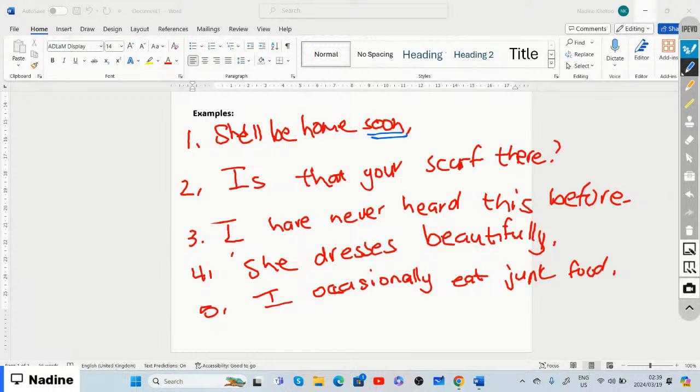Then it says, is that your scarf there? So, is that your scarf there? We need to say what type of adverb it is.